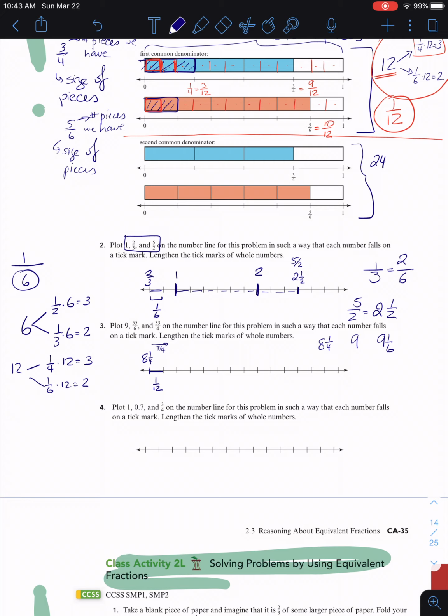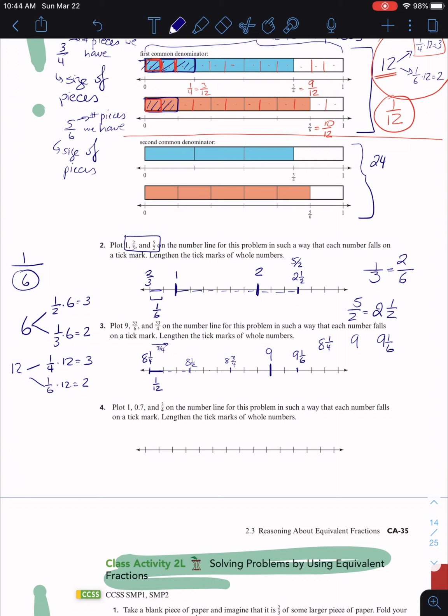So there is 1, 2, 3. So that's 8 1/2. 1, 2, 3. That's 8 3/4. 1, 2, 3. There's our 9. Okay. And then we need a sixth. So 9 1/6. And we know a sixth is 2 12ths.